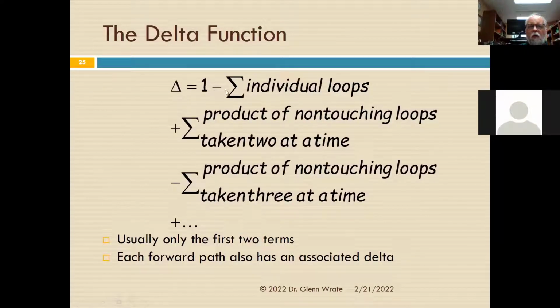Delta is defined as 1 minus the individual loops, plus the sum of the non-touching loops taken 2 at a time, minus the sum of the non-touching loops taken 3 at a time, plus the product of the non-touching loops taken 4 at a time. Usually we don't go beyond the first 2 terms, so the individual loops and non-touching loops. If we have 3 non-touching loops, that would be very unusual.